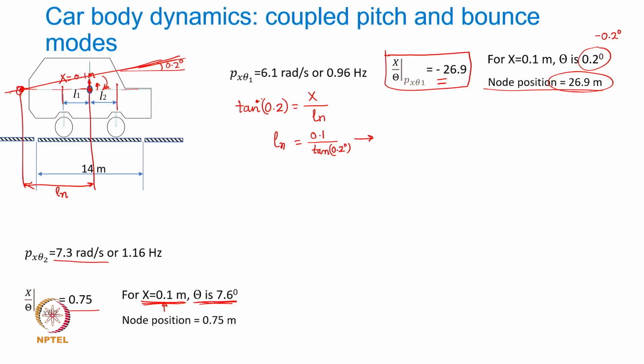Now if you use this in the same expression as this, because here also in the second mode the body is not only going to bounce but is also going to pitch. Now if that happens for 0.1 meter motion vertically up, theta is going to be 7.6 degrees. Okay. And if you calculate the position of the node, it's going to be 0.75.